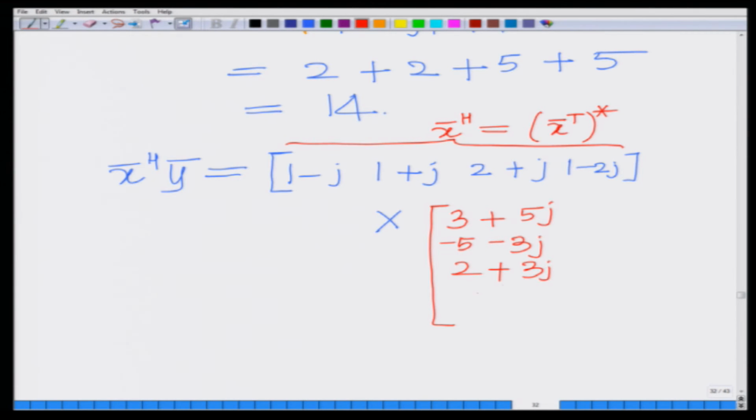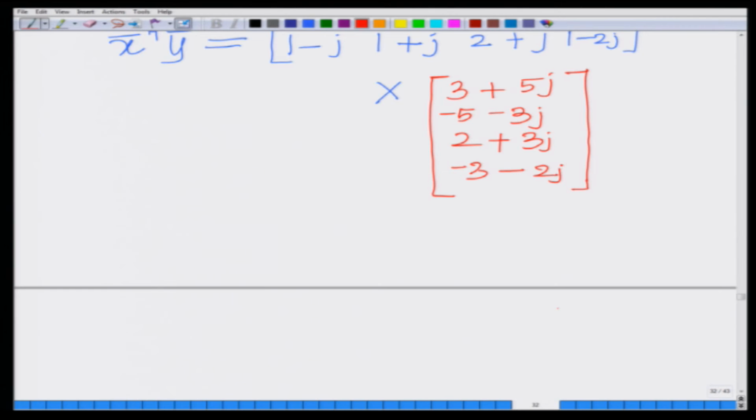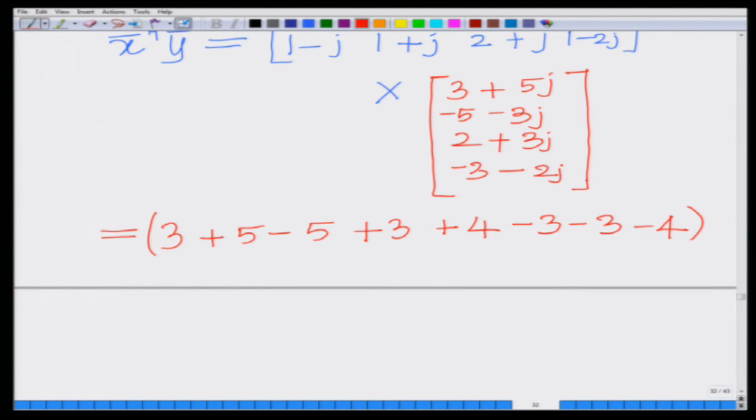2 plus 3 j, minus 3 minus 2 j, which I can write as, now taking the sums. Well, first I am going to write the real part. The real part turns out to be 3 plus 5 minus 5 plus 3 plus 4 minus 3 minus 3 minus 4.